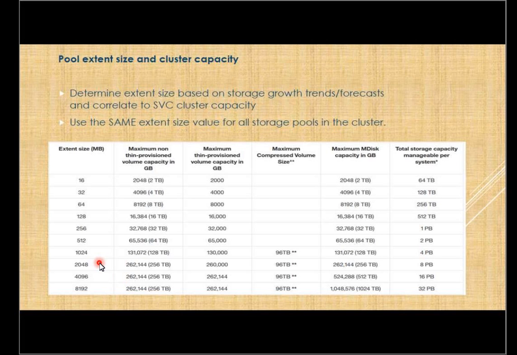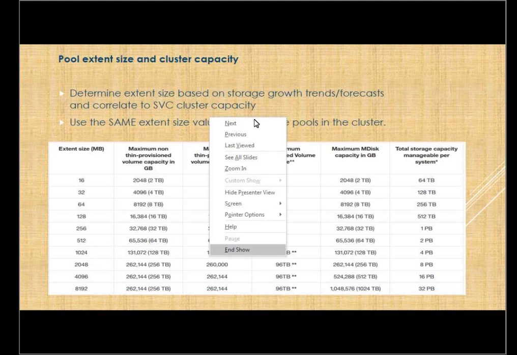Because the extent size is larger than the size of the total volume, right? So that remaining space will get wasted. Normally when we create volumes, we create them in the form of GBs, right? So 1 GB, 2 GB, 3 GB. So it is always a best practice to have an extent size of 1 GB, and that's the reason the default extent size is kept as 1 GB, okay? This point is clear?